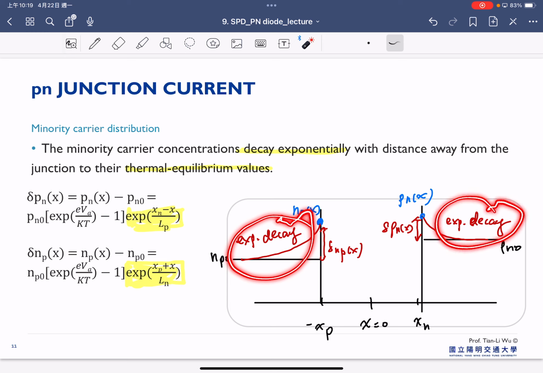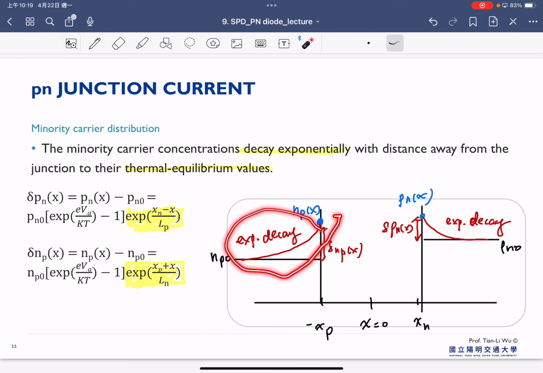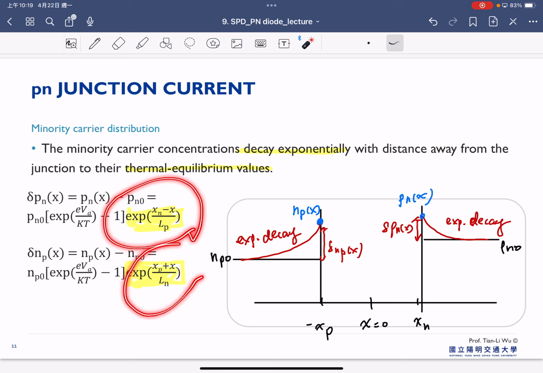This is a very popular equation that describes many physics phenomena. So it's not surprising that we have the exponential decay function, and also not surprising that the excess carrier in the end goes back to the thermal equilibrium concentration. But now we have a very solid proof from the mathematical equation.